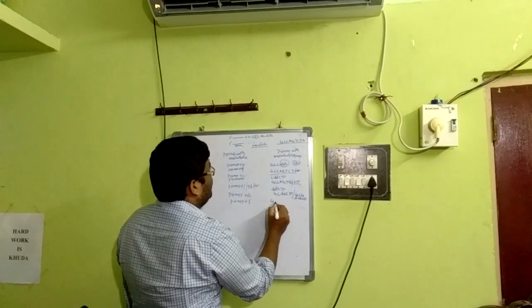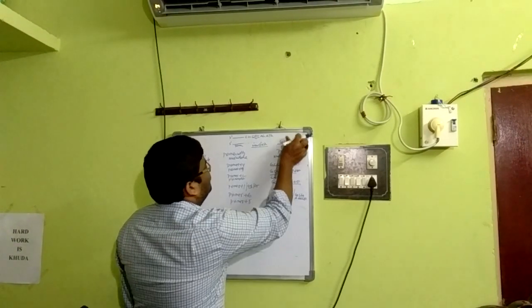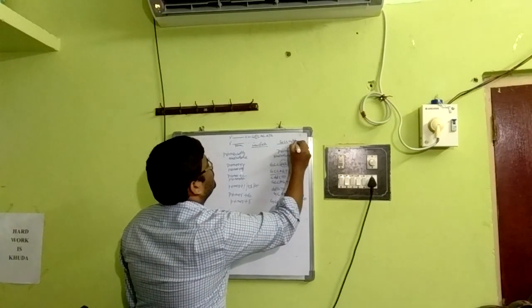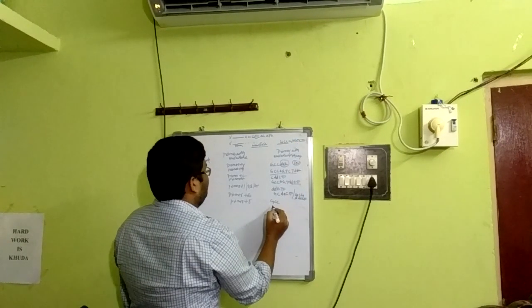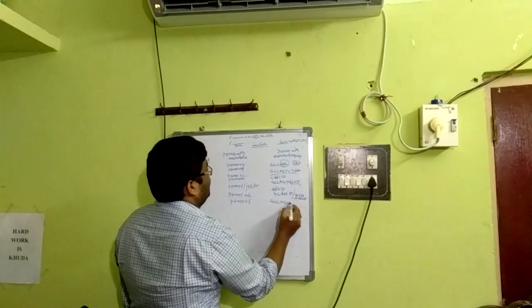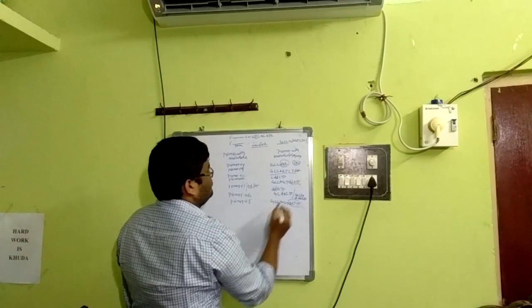G, C, C. Here you have to change GCC, G, A, G, T, C, T, A, C. Same here, G, C, C, A, G, then ddTTP at the 6th position.